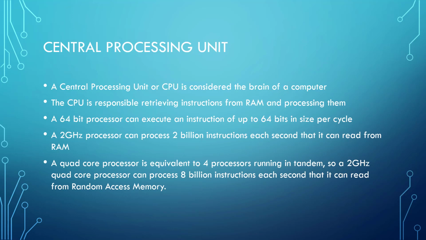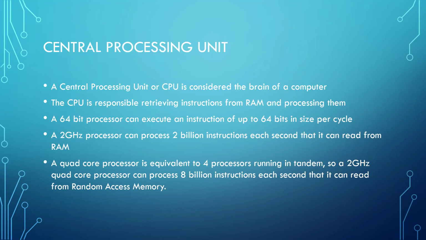Now, the CPU is responsible for retrieving instructions from random access memory and processing them. So the CPU, this brain, cognitive reasoning capability of the computer, reaches out to the short-term memory, grabs information from the short-term memory, and executes it.